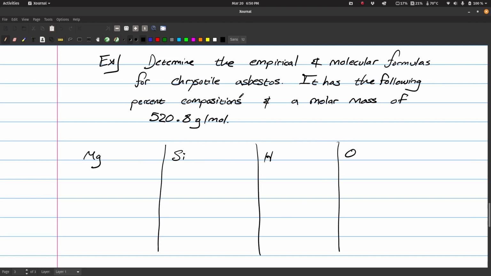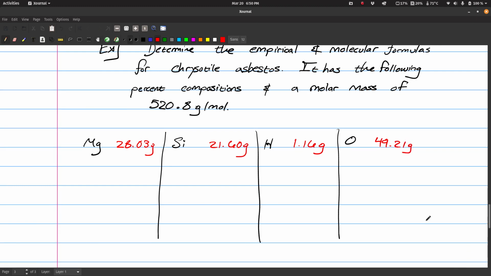Alright, so we have our percent composition. It's going to be 28.03 grams. This one is 21.60 grams. This is 1.16 grams, and this is 49.21 grams. Alright, so our molar masses for each of these. Magnesium is going to be 24.305 grams per mole.